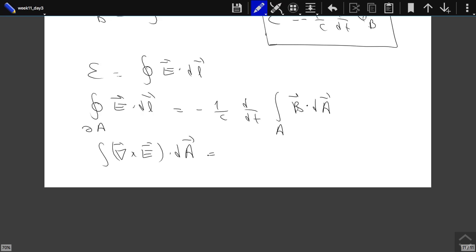So the time change is only due to the changing magnetic field, and I can move that time derivative inside my integrand. So it is minus 1 over c, integral over the area of del B by del t. The B field can depend on the position, so that's why the total derivative with respect to time now becomes the partial derivative with respect to time.